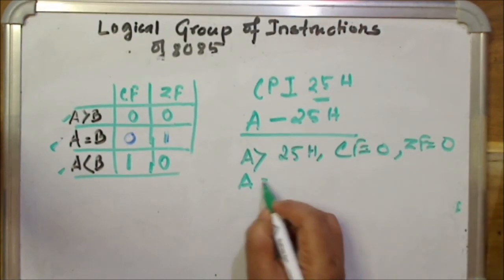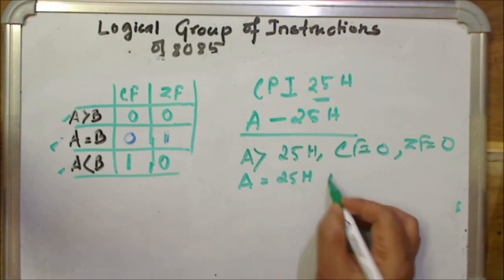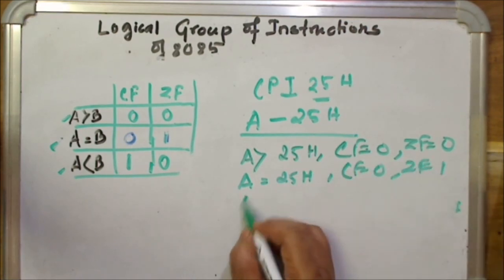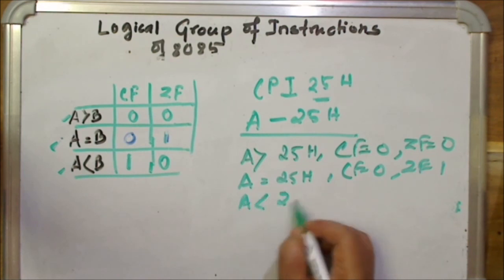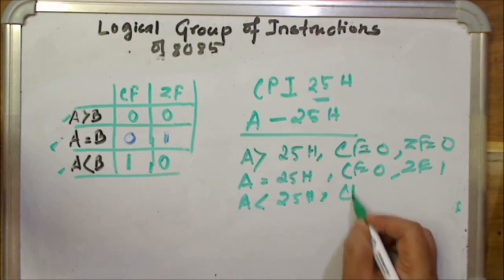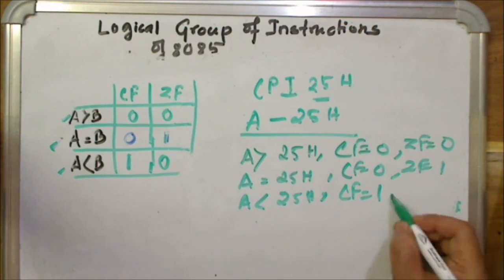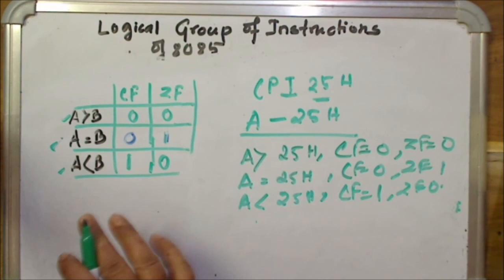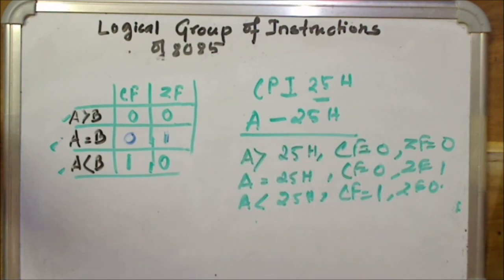If A is equal to 25H, then carry flag will be 0 and zero flag will be 1. If A is less than 25H, then carry flag will be 1 because there will be a borrow, and zero flag will be 0. So I hope all the compare instructions are clear to you.